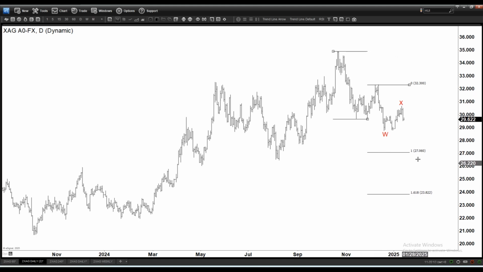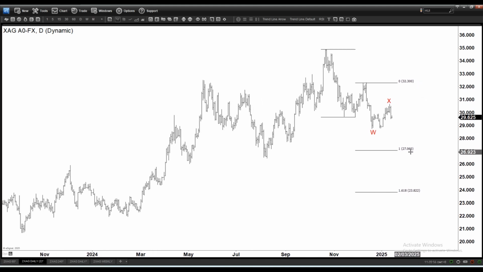But here we have not reached the 100%, so there is a scope for further downside extension until it reaches this 100%. Therefore, a potential target on the downside can go as low as 27, all the way down to 23.8 if it is reaching 1.618.